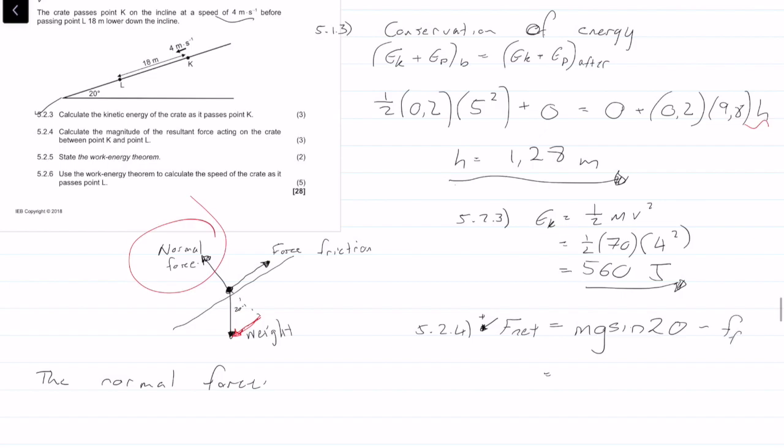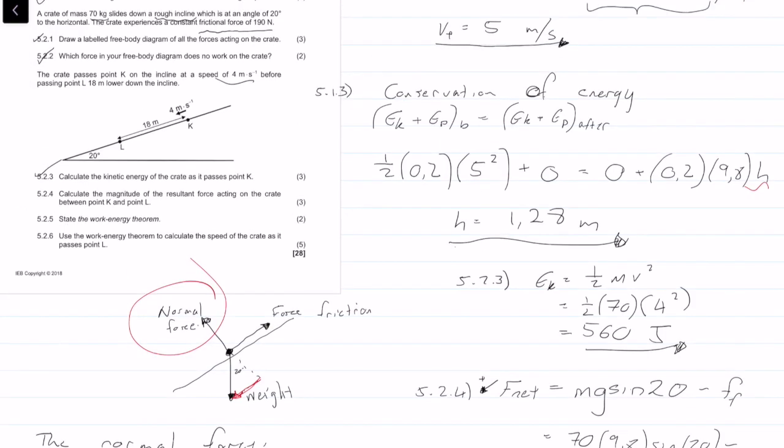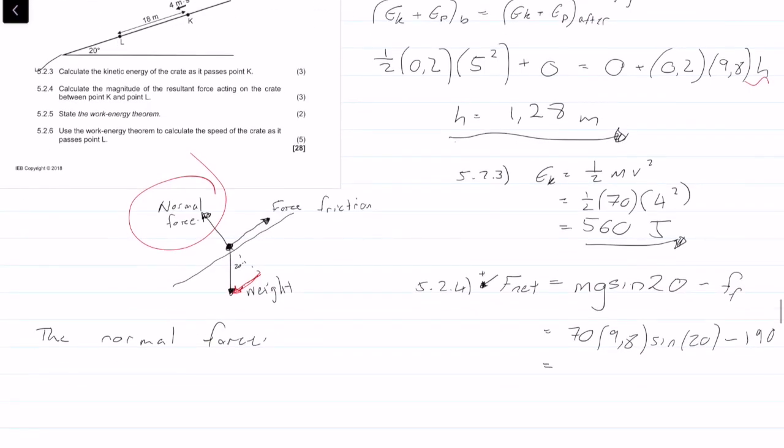Okay, so we know the mass is 70, 9.8 times sine of 20, minus, we know the force friction was constant, and it had a value of 90 newtons. So the net force acting is going to be equal to 44.63 newtons. And that's the net force, F net.